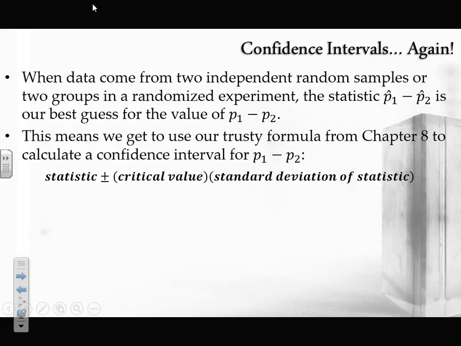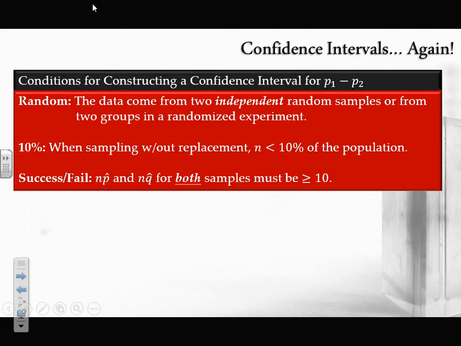Okay? So as far as creating the interval goes, it's exactly the same as what we discussed back in chapter 8. The other thing that's nice is that the conditions for inference are exactly the same. Now, as far as checking our conditions, when we check the random condition, we're still looking at the fact that we need random samples, so they need to say that we got an SRS or we had a randomized experiment.